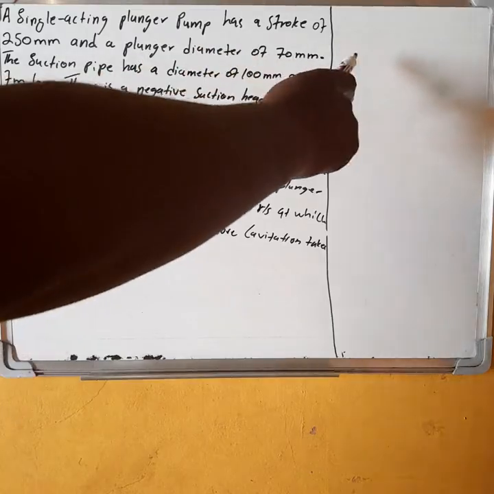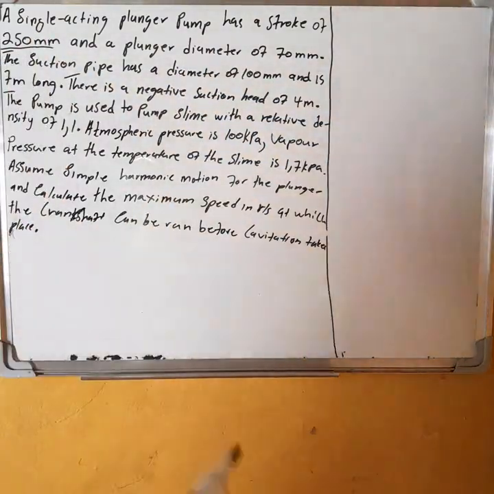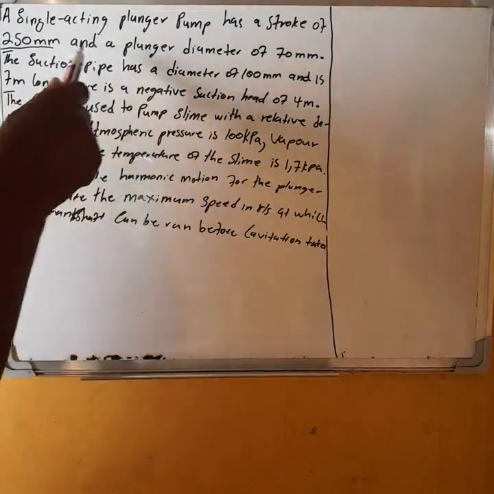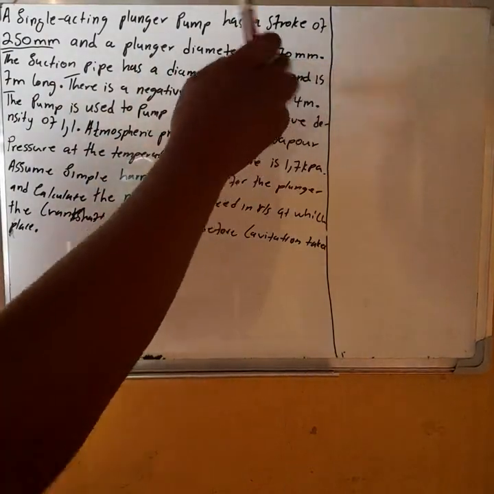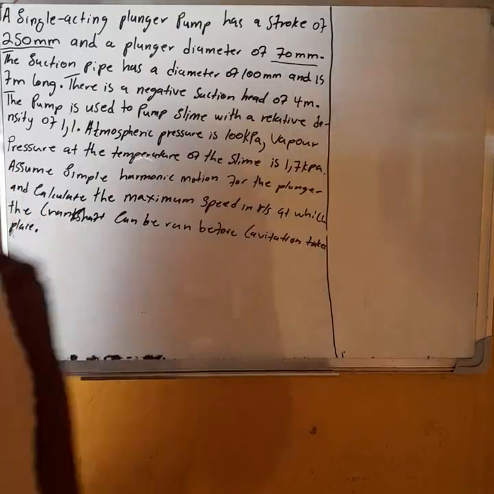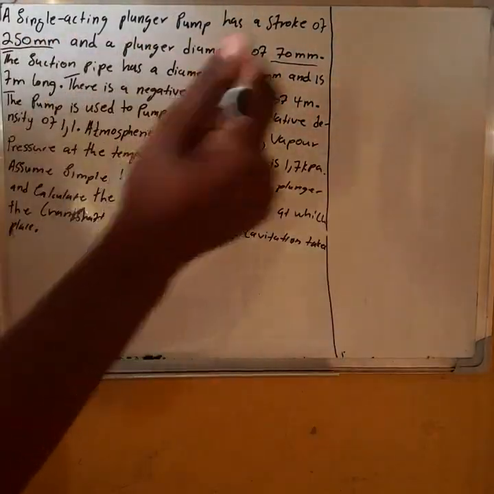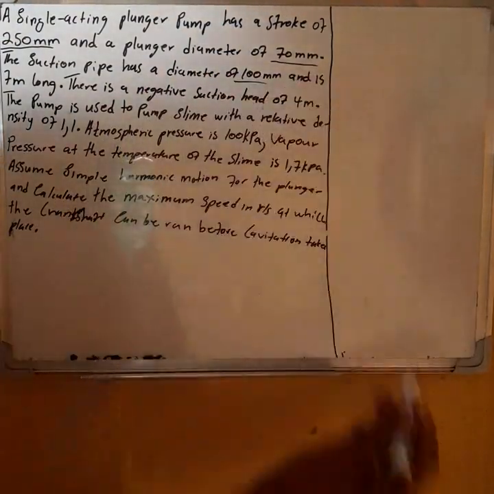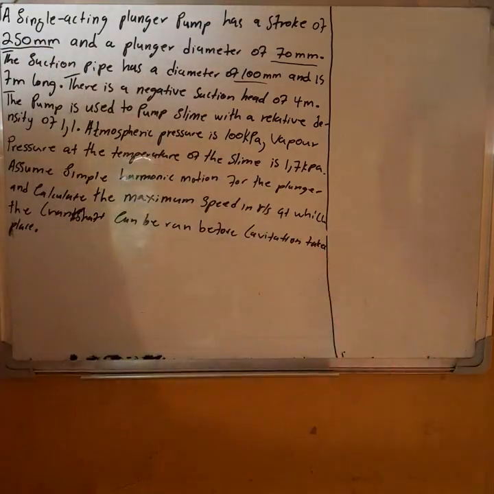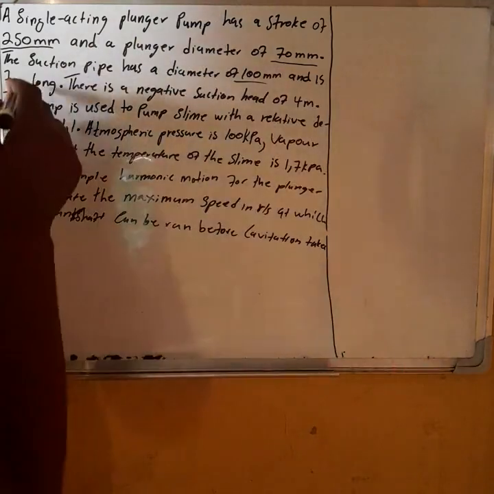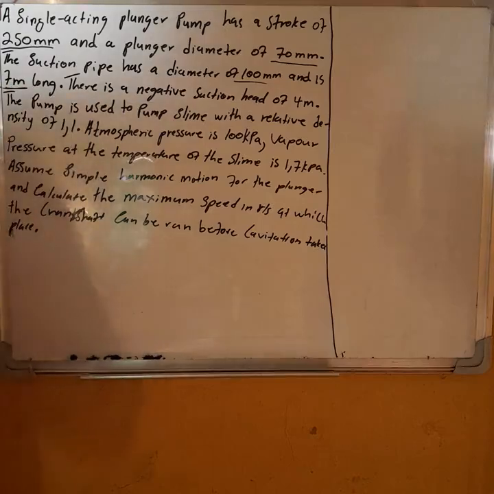It has a stroke of 250 millimeter and a plunger diameter, as you can see here, of 70 millimeter. The suction pipe has a diameter of 100 millimeter and is 7 meter long.